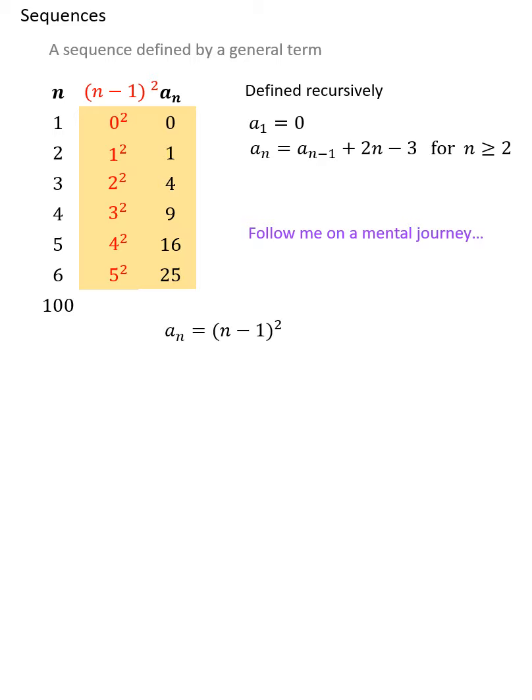And so that tells me that my general term is (n minus 1) squared, which represents taking the term number n, subtracting 1, squaring it to get the term value. Okay, not everybody would have thought of that, but that is what we call a general term.